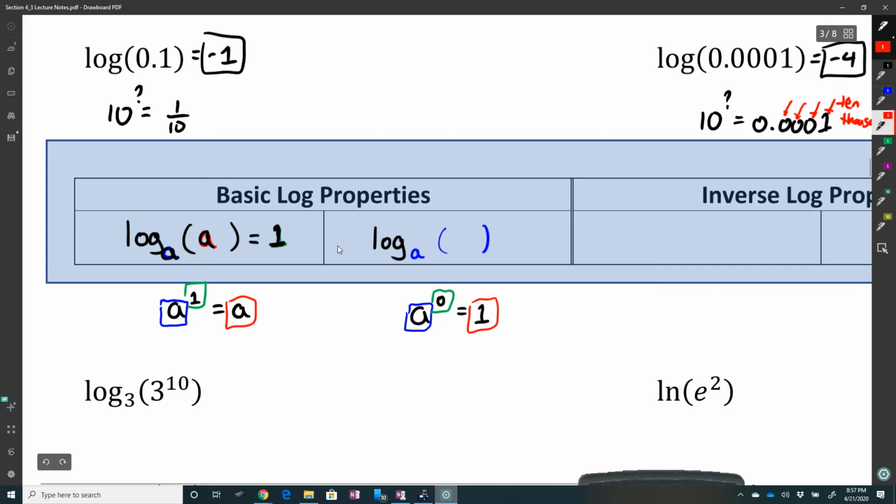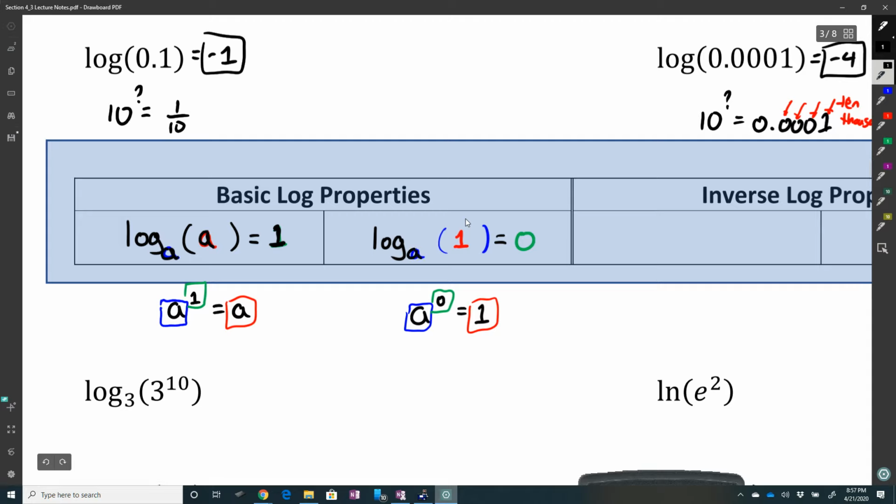The answer goes on the inside, of 1 equals, and the answer is 0. So this means that whenever you have 1 inside a log, the answer is going to be 0. If the inside is the same as the base, the answer is 1. If the inside is 1, the answer is 0.